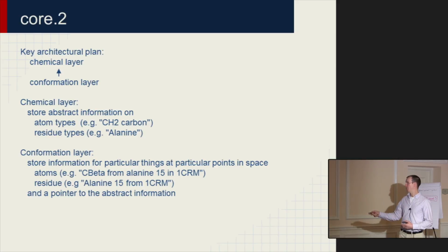So this is like the platonic form of these atoms, the alanine and CH2, and this is the instantiated form, the concrete form. And the way this works is that there are pointers up from the data in the conformation layer to the chemical layer, and that's how, if you're dealing with, say, a pose or a conformation, it's able to provide you chemical information. So it has pointers back to the data that it needs.